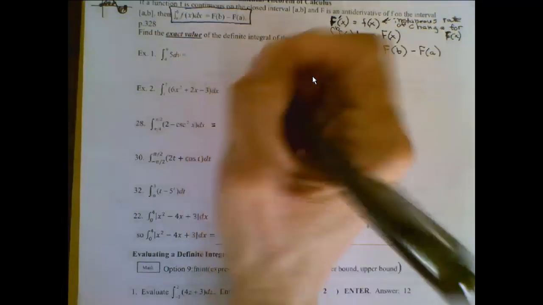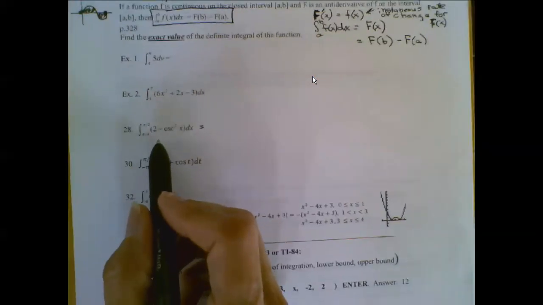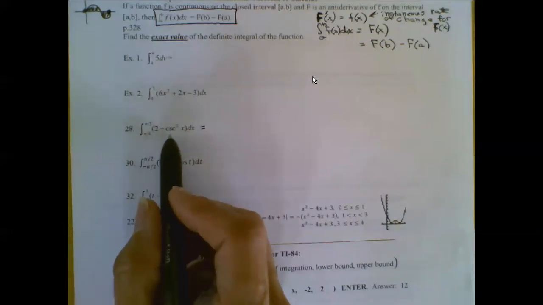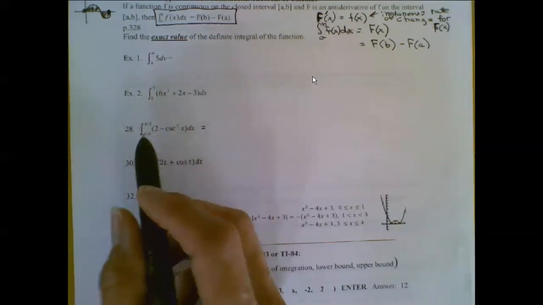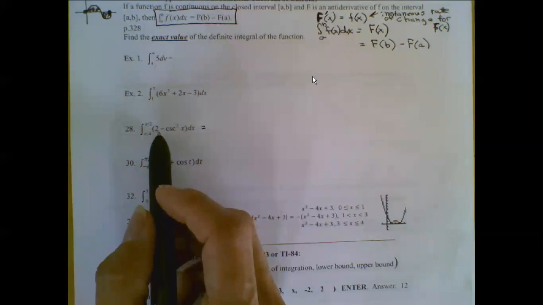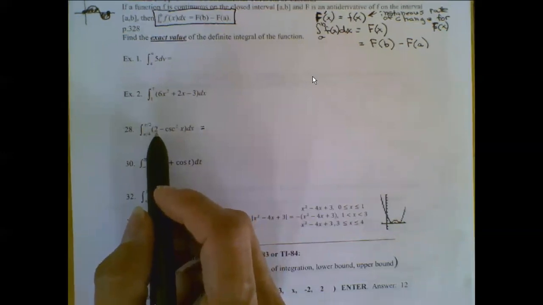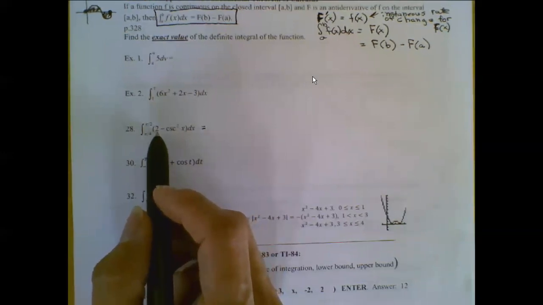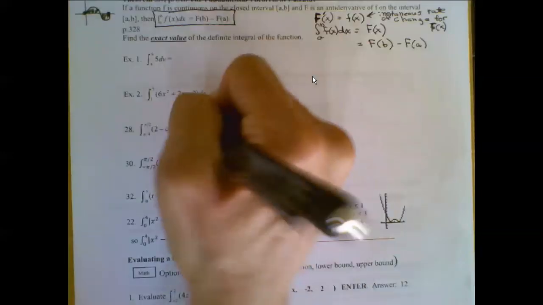So number 28, I want the antiderivative of 2 minus cosecant squared x. I want the function whose derivative is 2. What is that? X squared. Nope. The function that if I take its derivative, it just gives me 2. Oh, 2x. 2x, right.